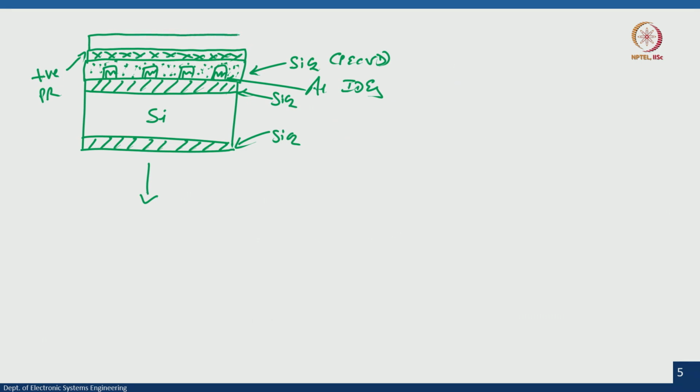I have to load the mask, and if I have positive photoresist, then I load the mask in this fashion. That means I will design my mask in this fashion. I will use a dark field mask, okay. And I will tell you what is the reason of using the dark field mask.